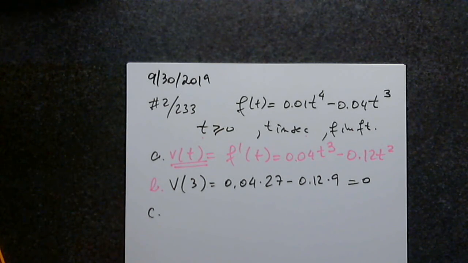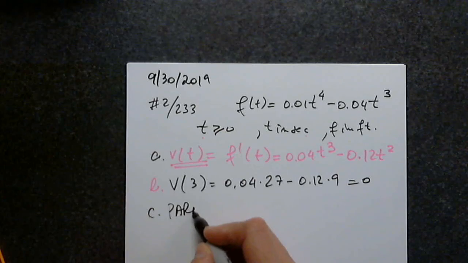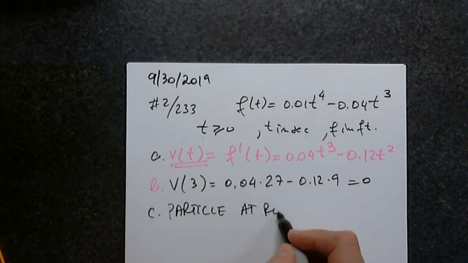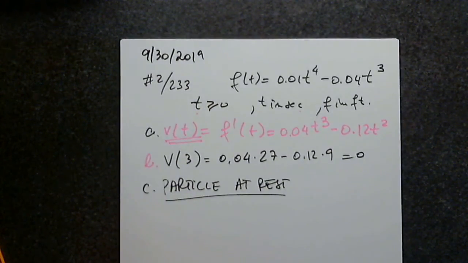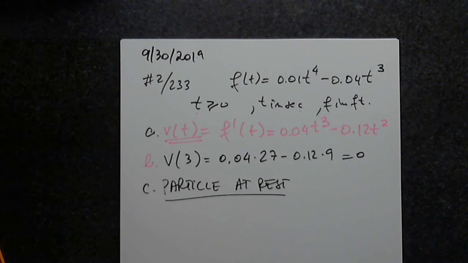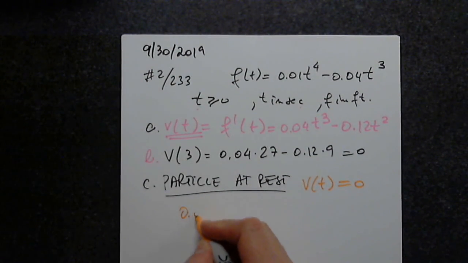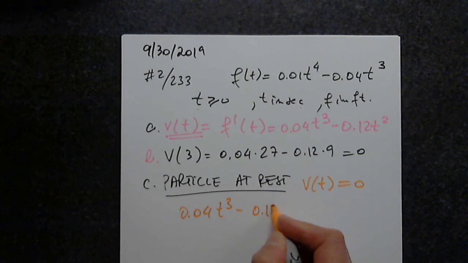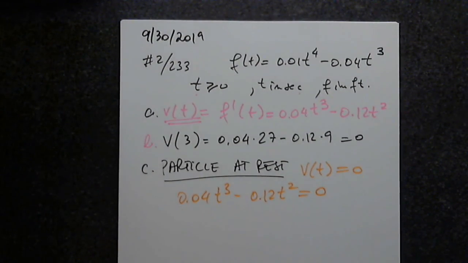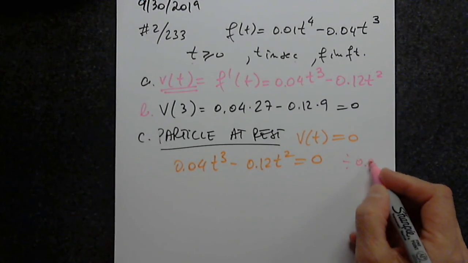Part C. When is the particle at rest? When is your car at rest? When the velocity is 0? Very good. Perfect. So I have 0.04 t to the third minus 0.12 t squared equals 0. I will definitely divide both sides by 0.04.